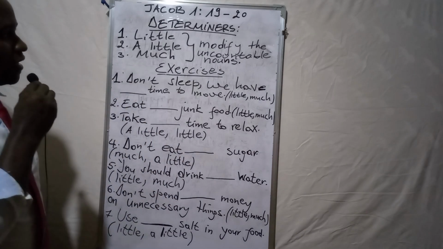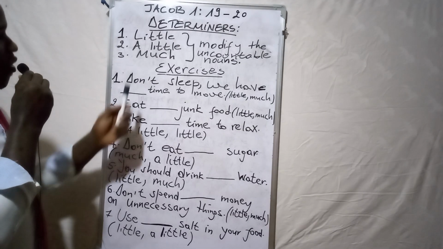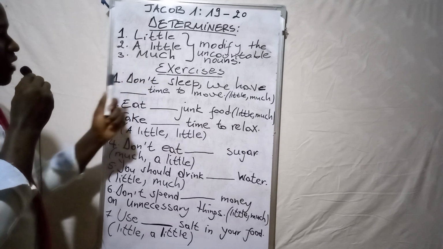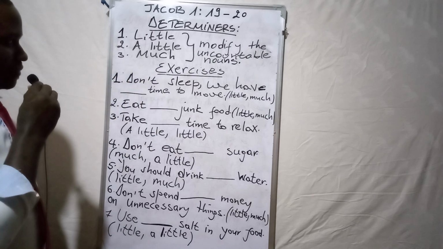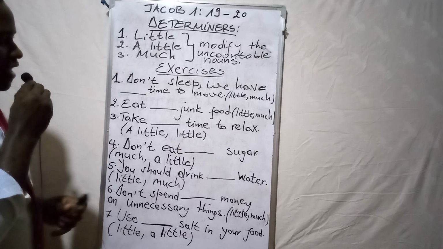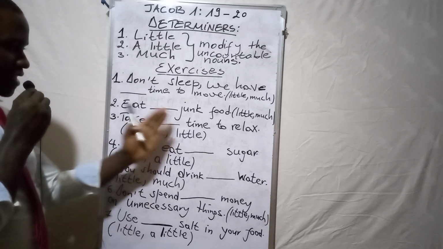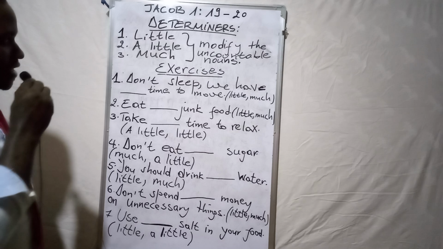There are three determiners: number one is little, number two is a little, and number three is much. We are going to use them by correcting the exercises that you have written below.